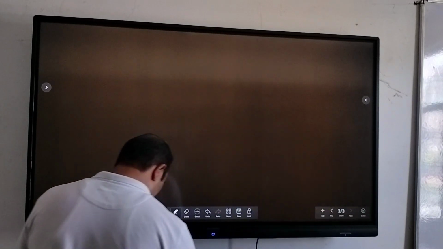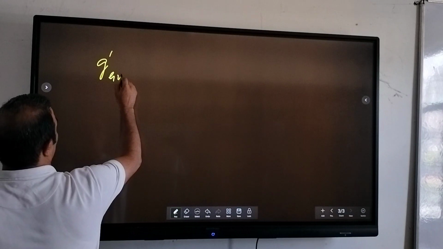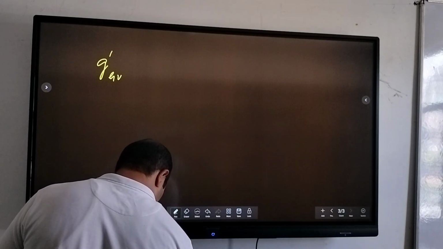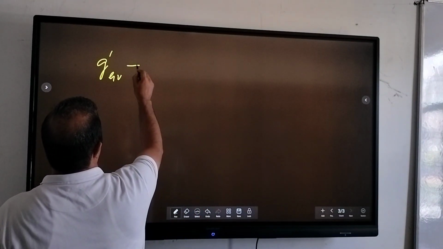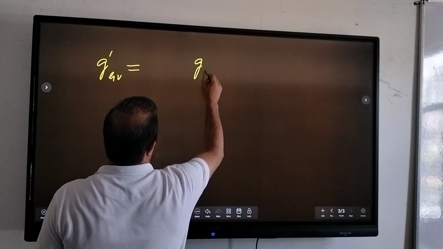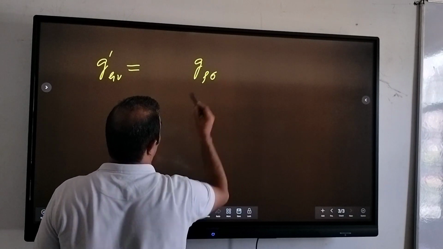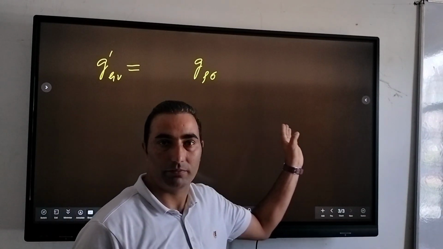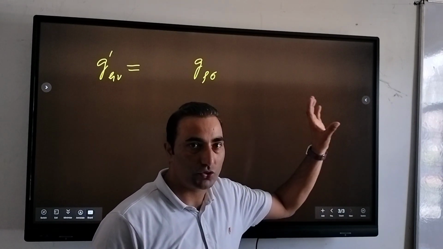In addition to that, we can also write now if we relate G mu nu. How can I write this in terms of the transformed G prime, the Minkowski metric? You can also write it in terms of the Jacobian, because the Jacobian is the determinant of those transmission coefficients.